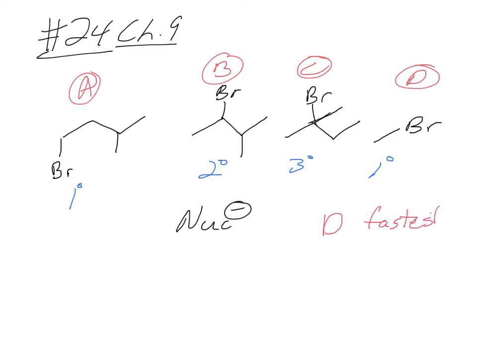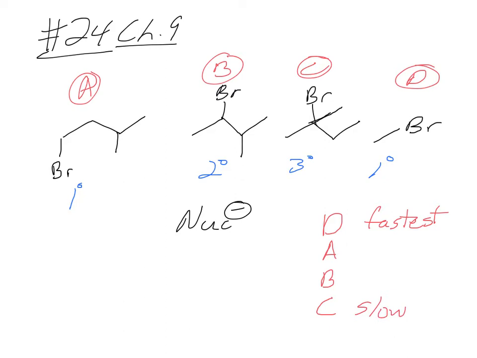And then which one do you think is going to be the slowest? C, the tertiary one. And then between A and B, which one's going to be faster? A should be faster, and then B. So the tough part of this problem probably is just actually drawing them out, the nomenclature part. Once you see that, then it's good to go.